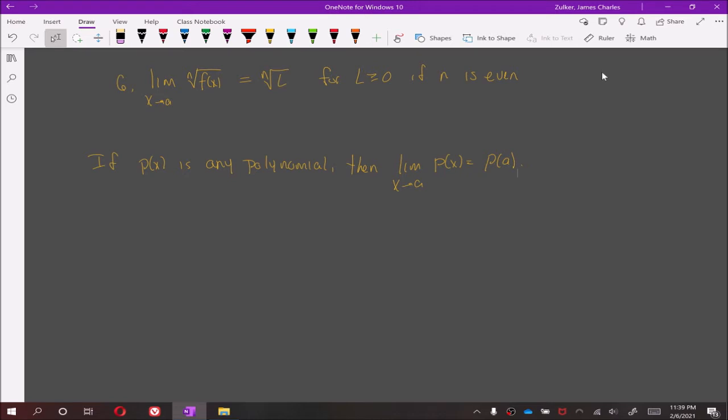Now, if f of c yields any of the forms 0 over 0, infinity over infinity, infinity times 0, or infinity minus infinity, we say f of x has indeterminate form at x equals c.